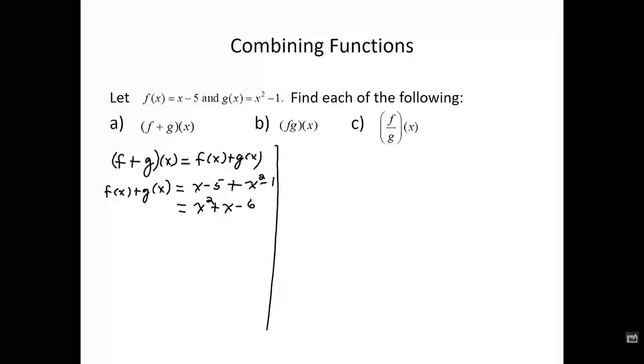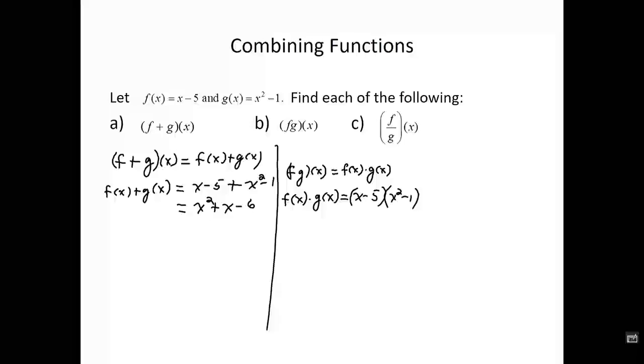In the next example, let's consider if we multiply f by g. So f times g of x is going to be f of x times g of x. f of x is defined to be x minus 5, g of x is defined to be x squared minus 1.